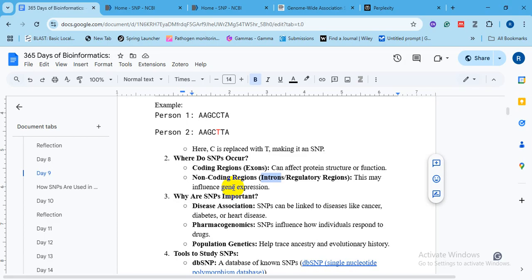This expression forms a functional product. This functional product can be protein or can be RNA. Examples of functional RNA are ribosomal RNA, tRNA, microRNA, long RNA. These RNAs are not translated and as such have a function in our body. Okay.